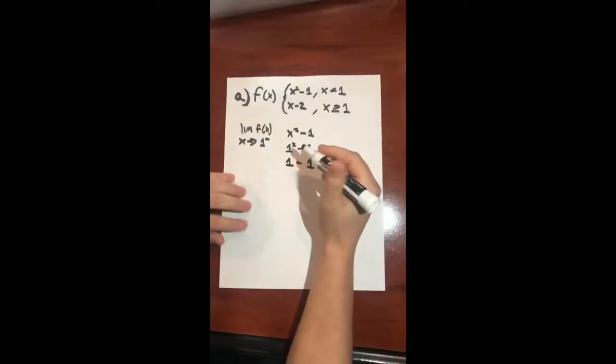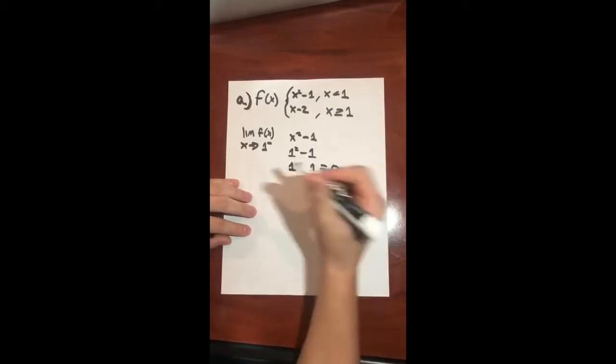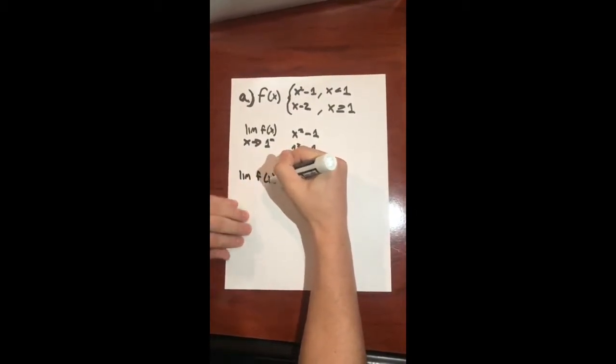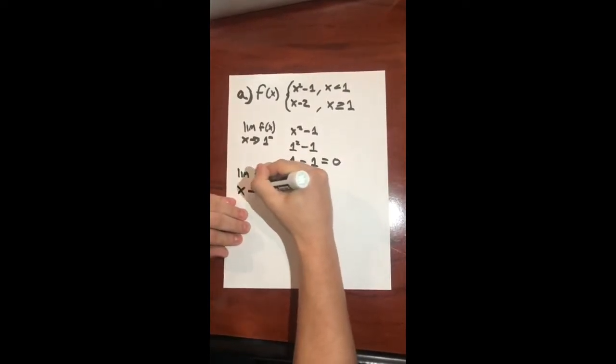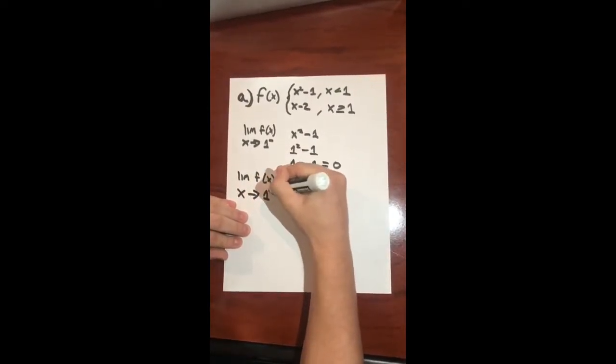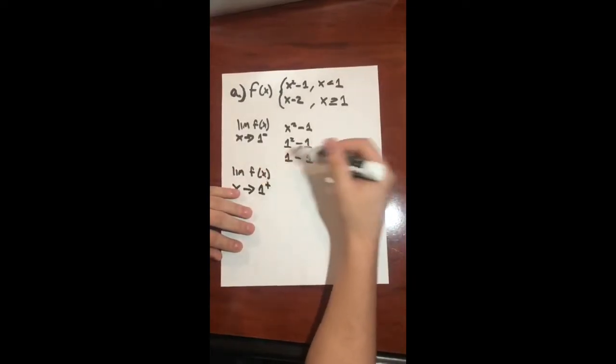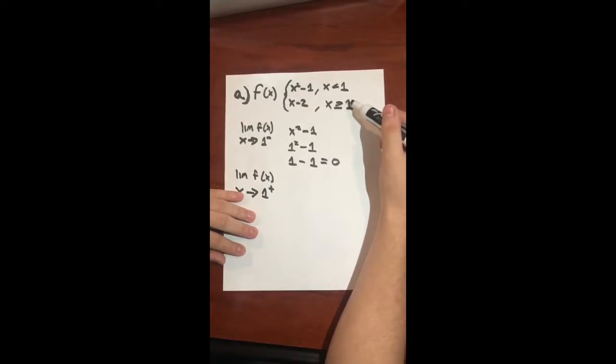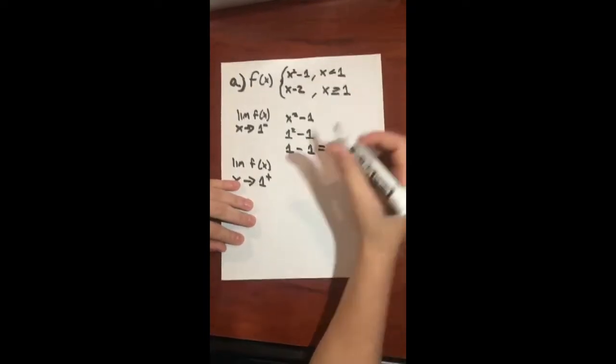And they will also ask you for the limit of f of x as x approaches 1 from the positive side. So you will have to use this equation, since here x is bigger than or equal to 1.